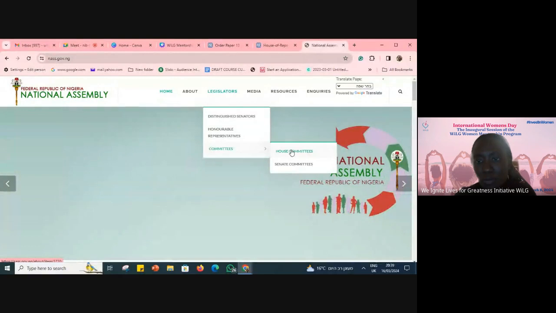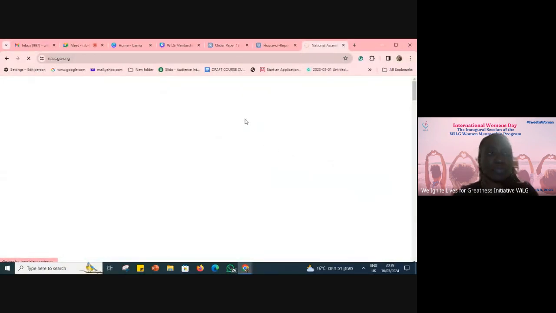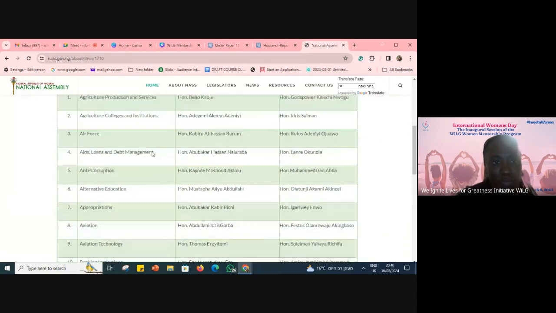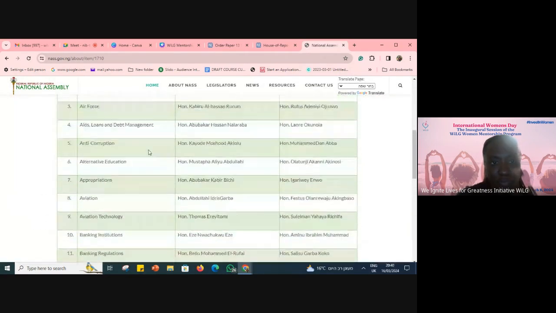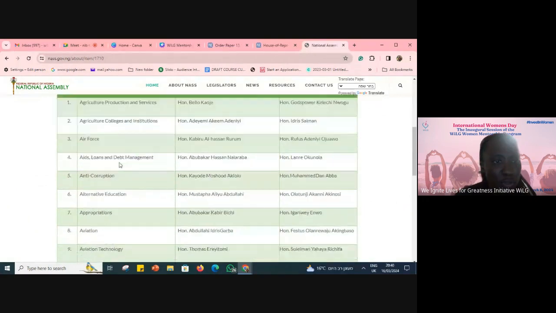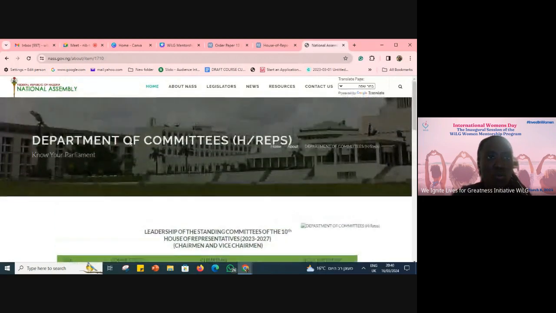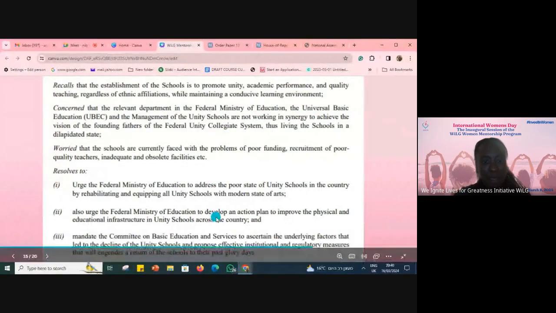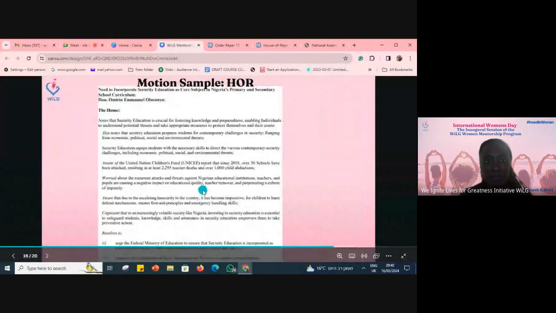So we're in House committees. So you will see all the committees that they have, and you see their chairman and their vice chairman. But what is important is the committees. So once you have an issue, you go to look for which committee best suits that. So yeah, that's one sample.